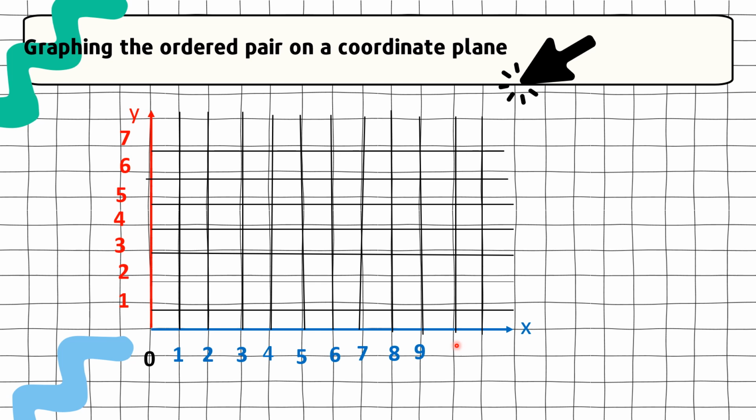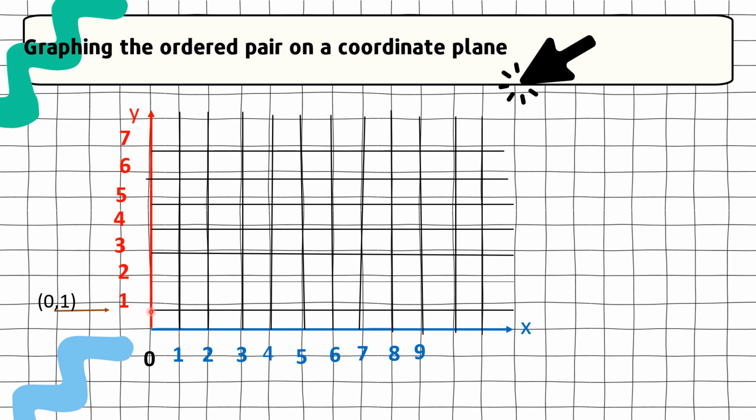Please remember and wait. Let's remember the ordered pairs we had. The first one was 0 and 1. How do I put it? I go to the x-axis. Here is the 0 of the x-axis. Then I go up on the y-axis to number 1.